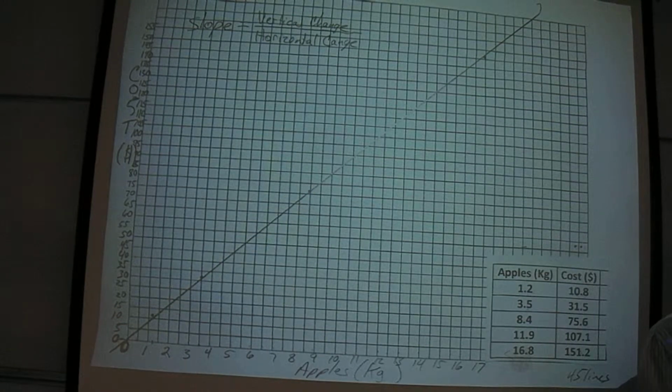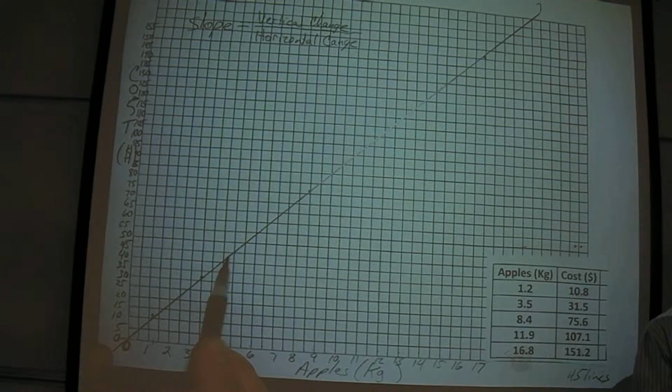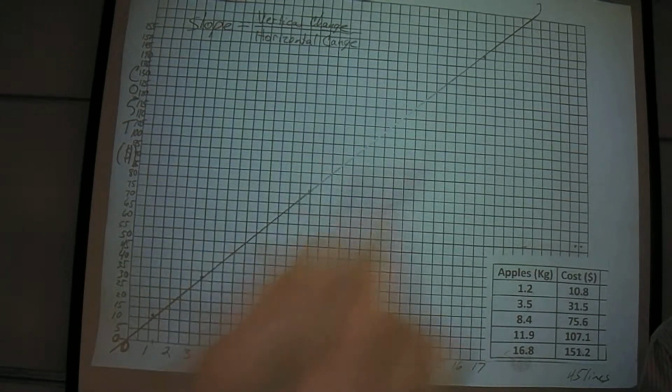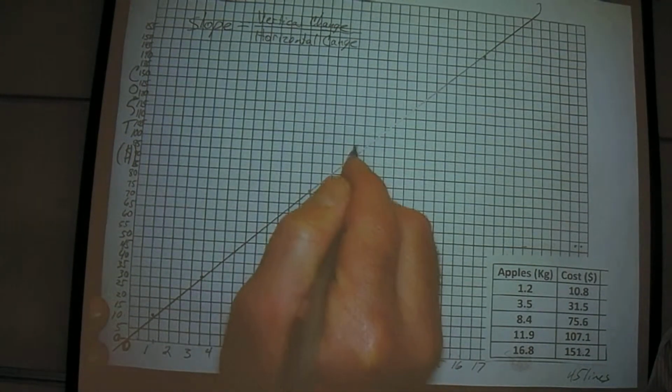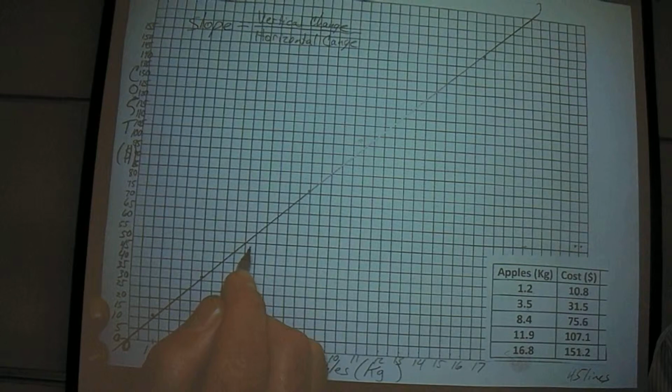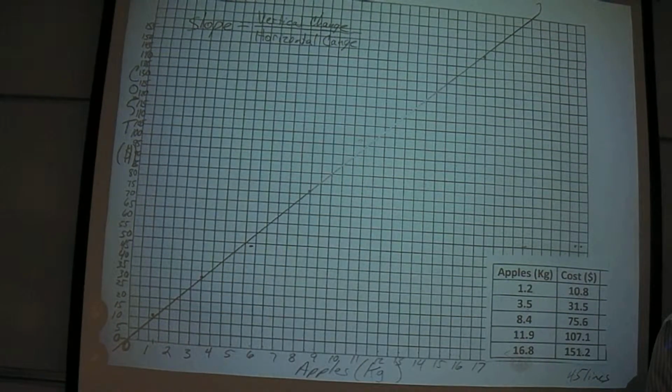steepness. In order to get a change on the graph, you need to pick 2 points that are on the line. If, for some reason, your data points are not on the line, you just ignore the data points. So if I had a data point right here and a data point right here, I would not use those data points for the slope.